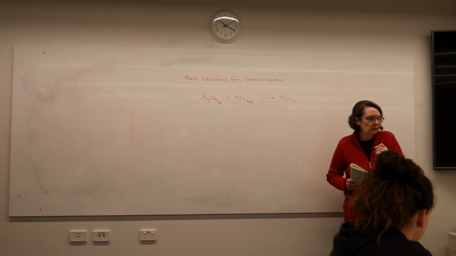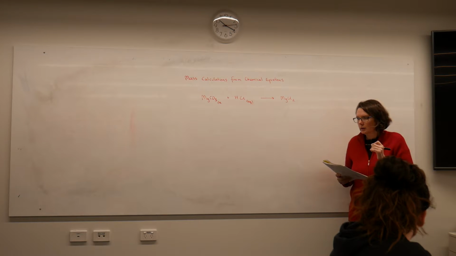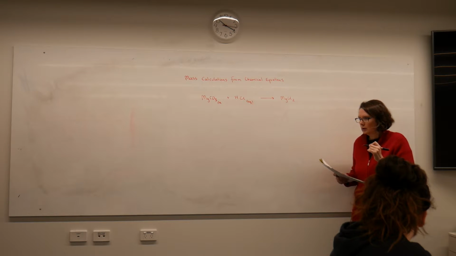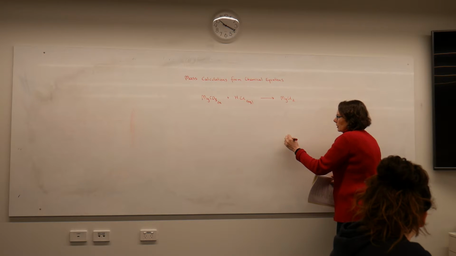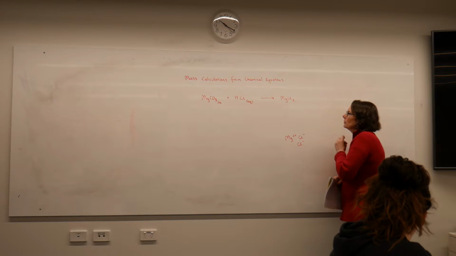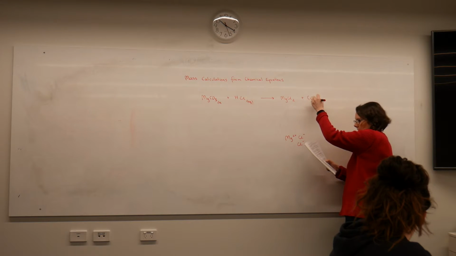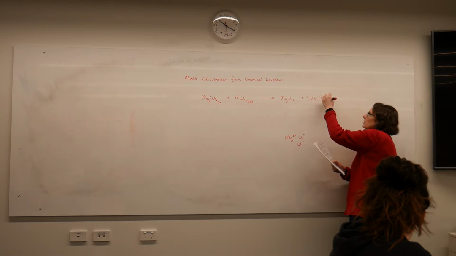Why is it Cl2? Because chloride forms a one negative ion. Yeah, because Mg2+, Cl-, Cl-. We need two of them. And carbon dioxide and water.